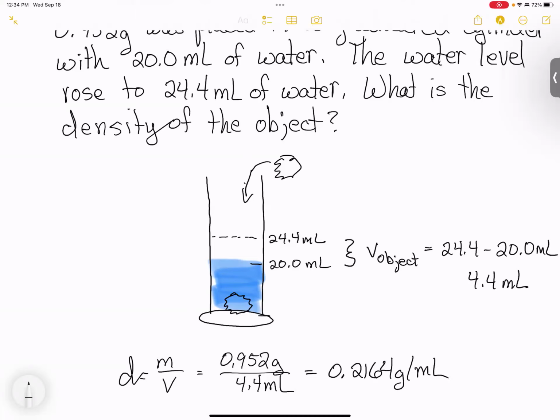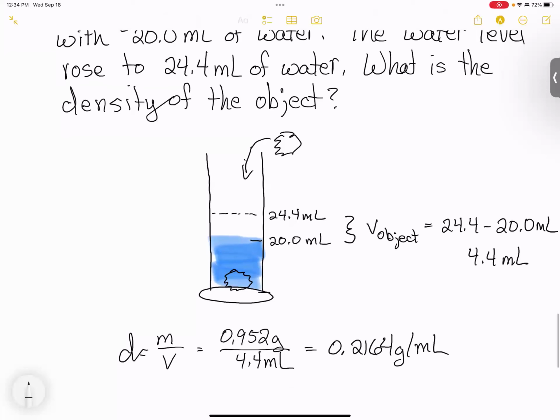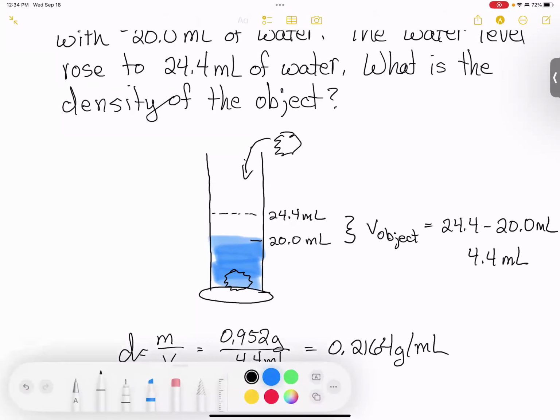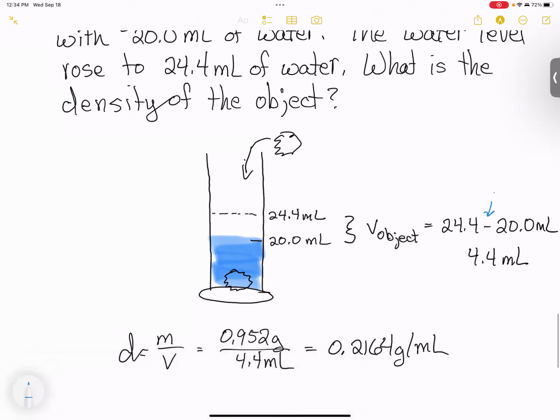Now to figure out significant digits. The volume was subtraction, so it's the decimal places that matter. We had one decimal place in each of the volumes, and therefore our answer could only have one decimal place.